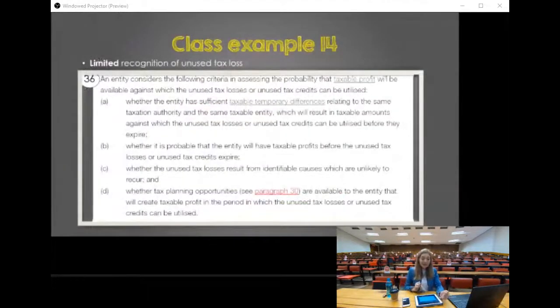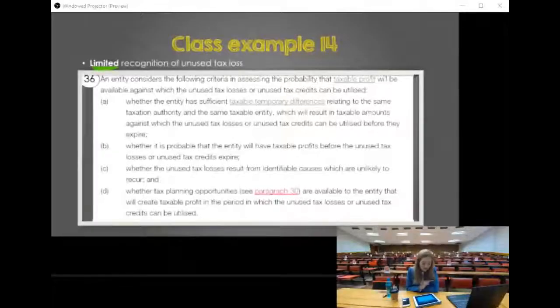Okay, now things become a little bit more interesting. Class example 14, because what happens in class example 14, now we have limited recognition. So now in this class example, you'll see that we do not have sufficient taxable temporary differences. We do not think that it's going to be probable that we will have taxable profits in the future.